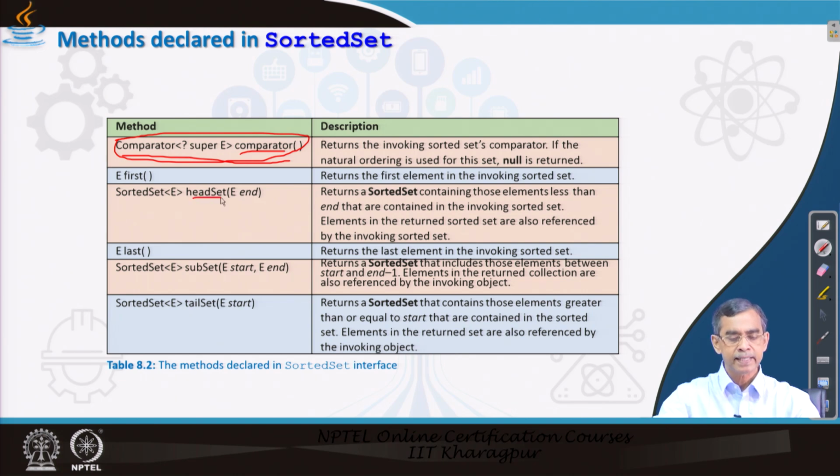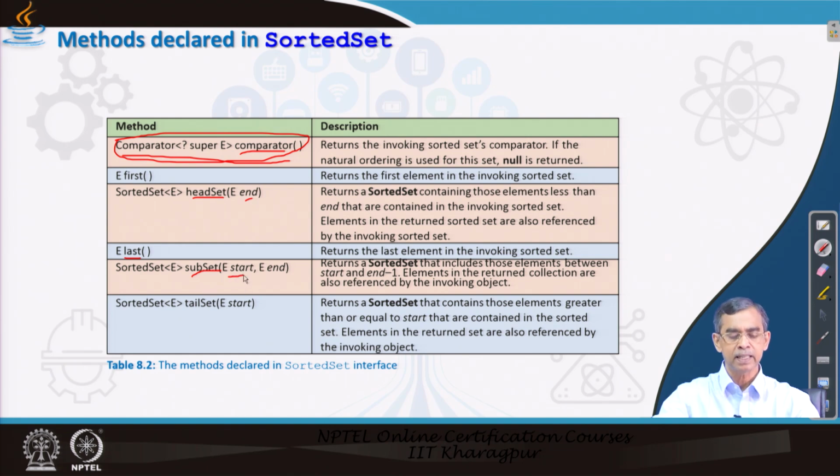Now, headSet basically returns the elements contained in the current set, up to the end element. So, this is one method. The last method basically returns the last element that is stored in this collection. Subset, as the name implies, returns a subset of the elements.